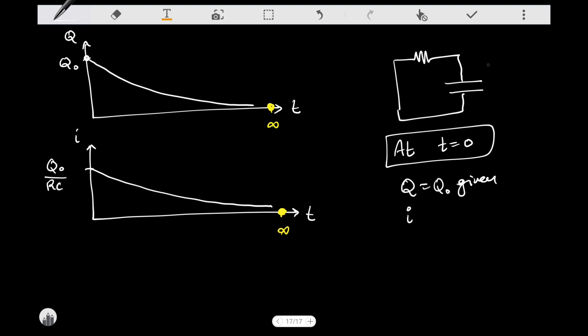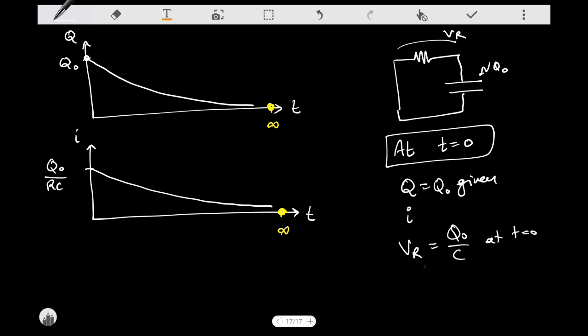Since there's a charge in here, Q0, there's a potential difference between these 2 points, which means that there's a potential drop on the resistor. Let me just call this VR. Potential drop on the resistor is equal to Q0 over C, right, at t equals 0. Because whatever the potential difference on the capacitor is, there's the same potential difference on the resistor.